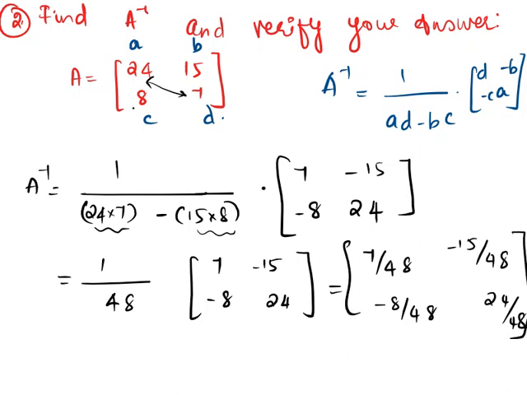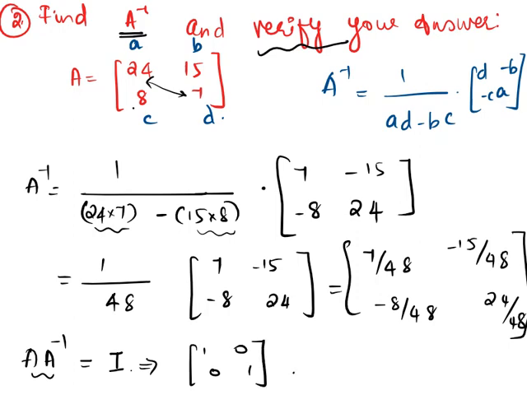Now in our question we have to find A inverse as well as verify the answer. That is, if we multiply A into A inverse, we have to get an identity matrix, that is, it should be of the form 1 0 0 1.